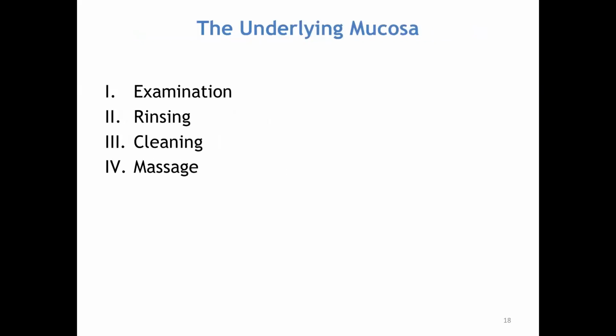But we need these dentures out when we are doing our exam, because we're looking at the underlying mucosa. We're looking for any sore spots, red spots. We're looking for denture dermatitis, or all those little red dots that the patient can have.